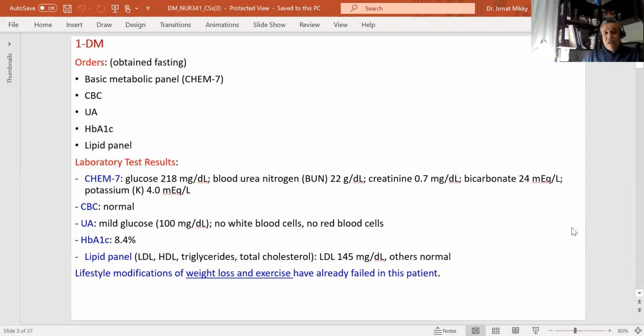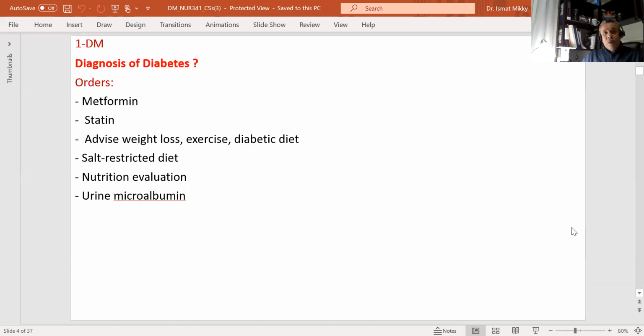So just to know that the lifestyle modifications of weight loss and exercise have already failed in this patient. So there are two different types of diabetes.